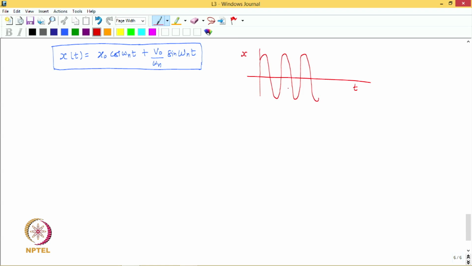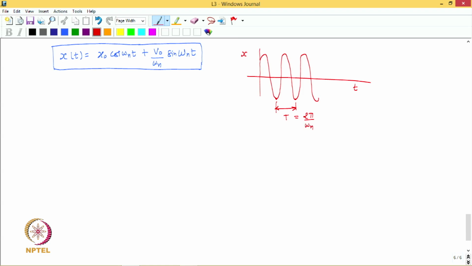So this is the time period of the motion, which is T, the time elapsed between two corresponding points in a cycle. If I treat this as the initial point, then this cycle is completed at this instant, and hence this is the time period, equal to 2 pi upon omega n.